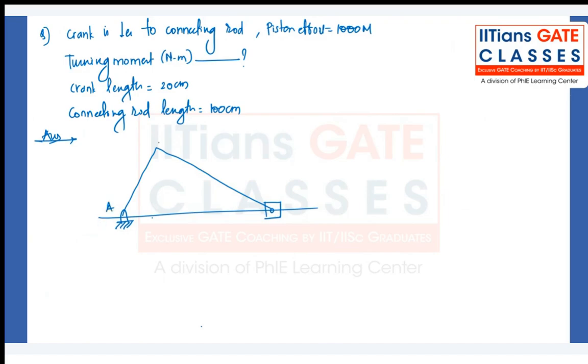This is your point A, point B, and point C. This is R, this is L, this is theta angle, this is a 90-degree angle, and this is a phi angle. The turning moment is what they are asking. Length of the connecting rod is known, 100 centimeter. Length of the crank is 20 centimeter. So try to solve this.